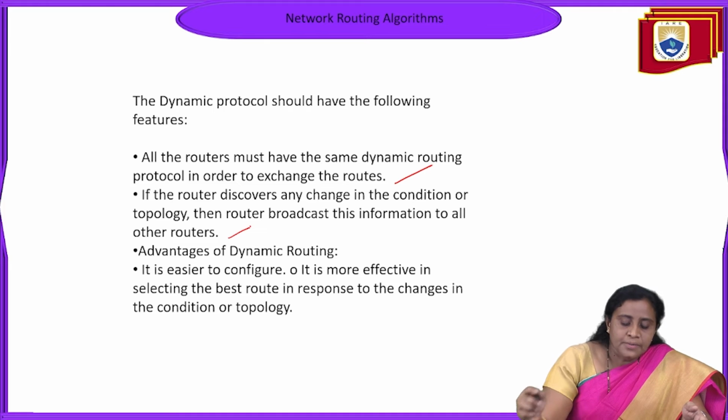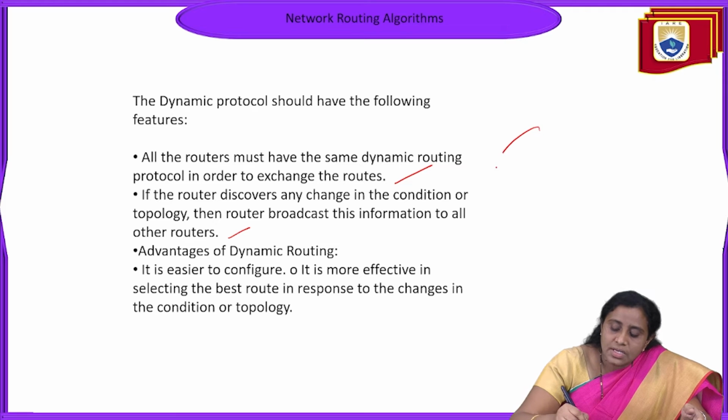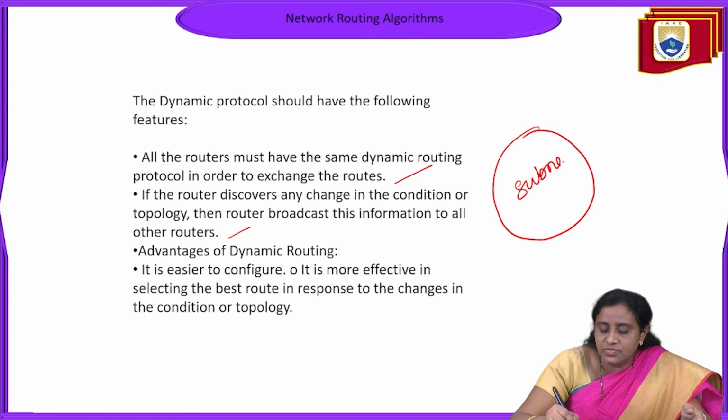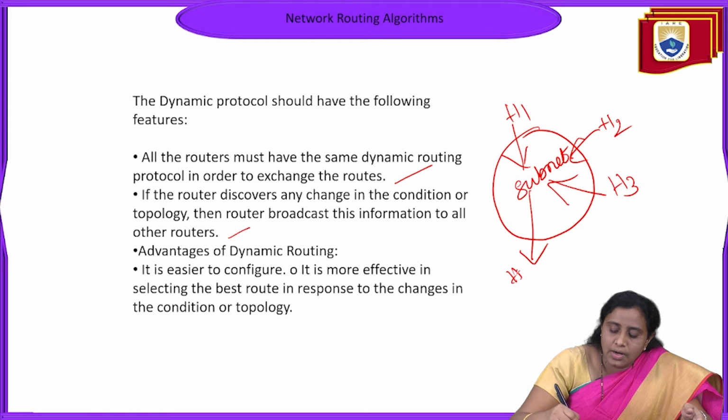And the second one is, if the router discovers any change in the condition or the network topology. What does a topology consist of? It consists of one subnet which is connected to a number of hosts, like host 1, host 2, host 3, host 4 and host 5.